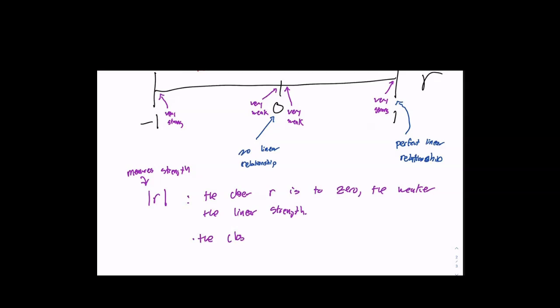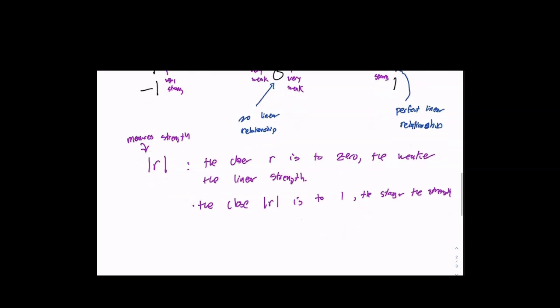The closer the absolute value of R is to 1, the stronger the relationship, the strength. And when I say absolute value, I mean closer to -1 or closer to +1. You can get closer and closer to -1 or +1.